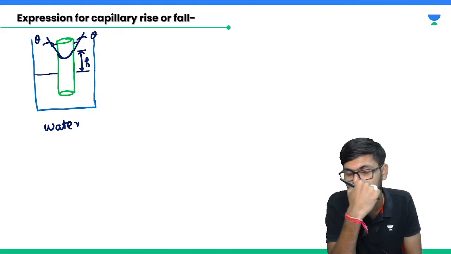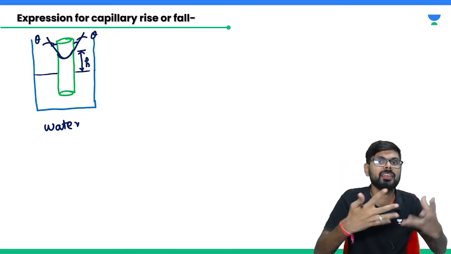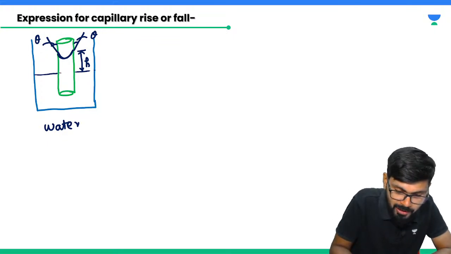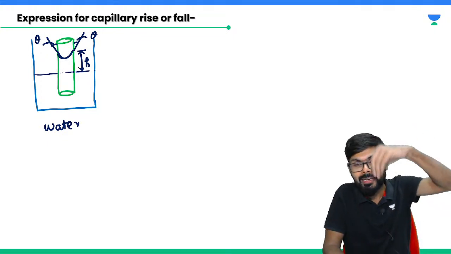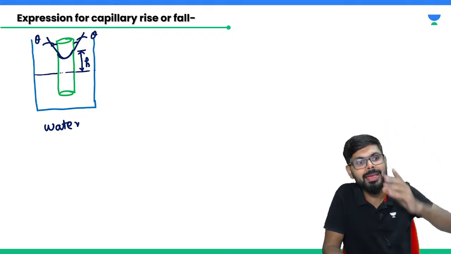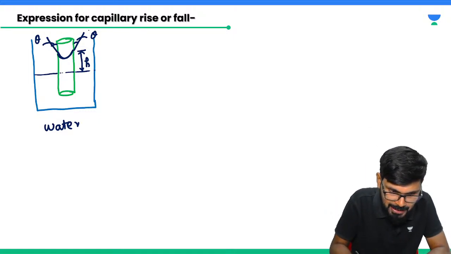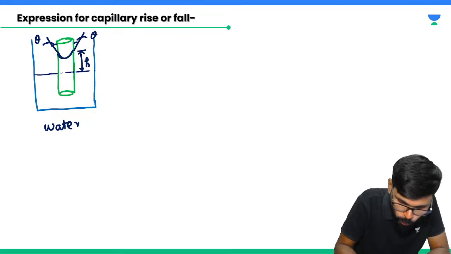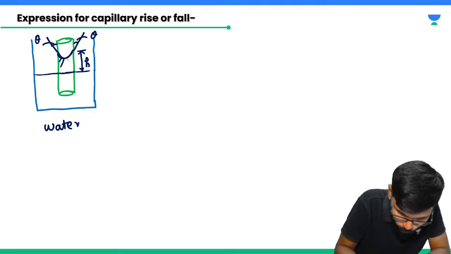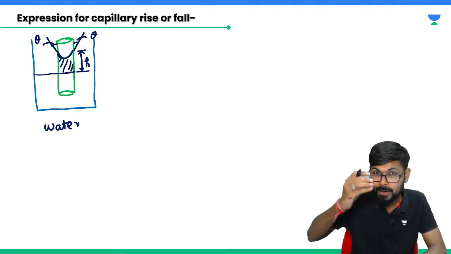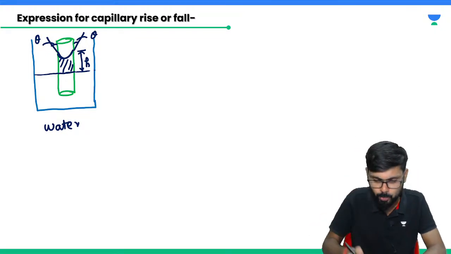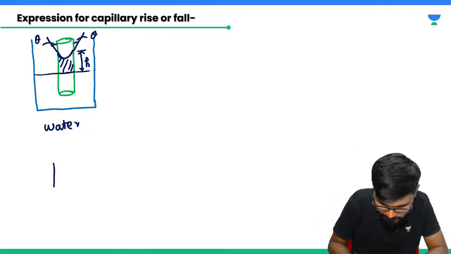Please listen to this point carefully. This is basically a relative concept. Whatever mg is there, that mg is going to be balanced by surface tension only, so here I can write sigma. If I take the lifted portion out, it will come something like this.